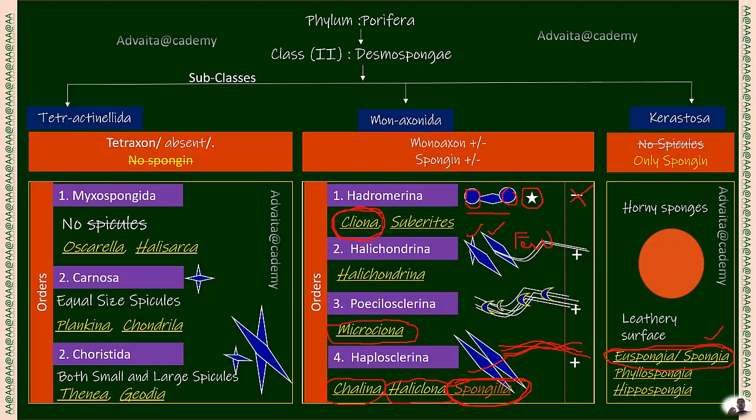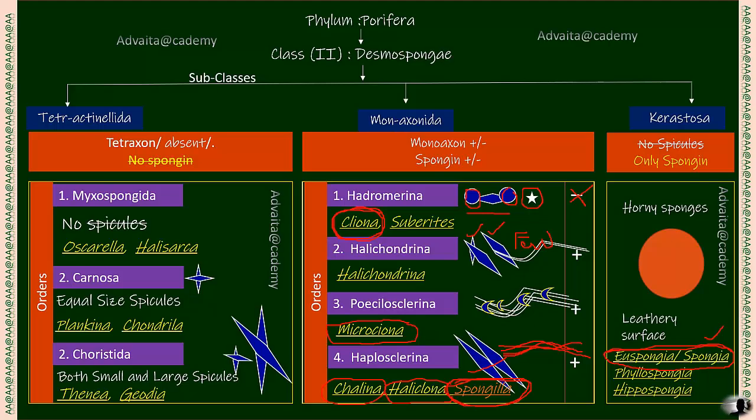I hope you all understand the basis of classification and how to classify an animal. Suppose I take one example, Spongilla. Suppose I ask somebody to classify Spongilla. How to classify? First we will write the phylum. Phylum is Porifera, and we will write certain characters.